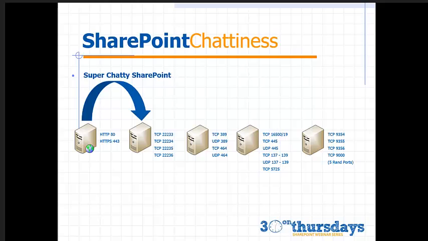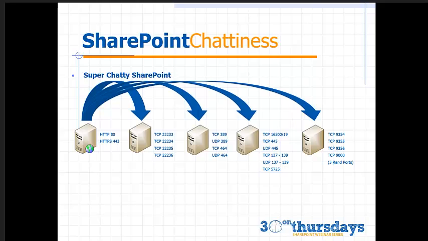And what we can see is that each of the servers communicates across all of these ports. For example, at the web server end, you're going to be accessing content using port 80 or 443, which will be SSL. But then internally, the servers are going to communicate between all of these ports. So you're actually going to end up with this, where SharePoint is chatting between everything.